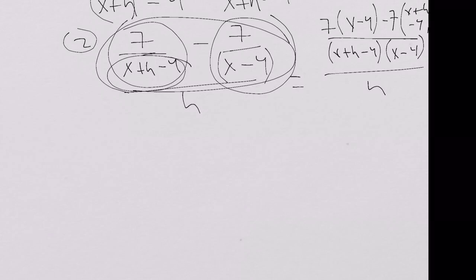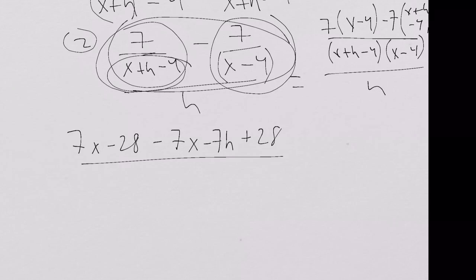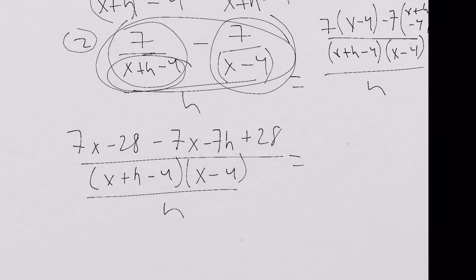So if I distribute, I get 7x minus 28 minus 7x minus 7h plus 28, which is good because some of those terms are going to cancel out, over x plus h minus 4 times x minus 4 all over h. So I see that my 7x's cancel out, my 28's cancel out.